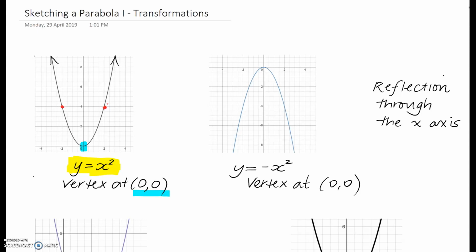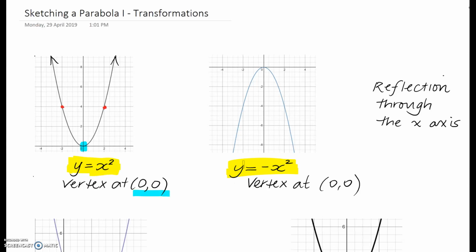Now let's have a look at doing a reflection. So how do I get this? All I've done is I've made all my y values negative. So whatever x is, it gets squared, alright, that's y equals x squared. But then if I make them all negative, see this negative? I've made all my y values negative.